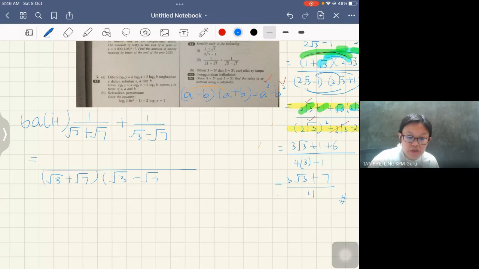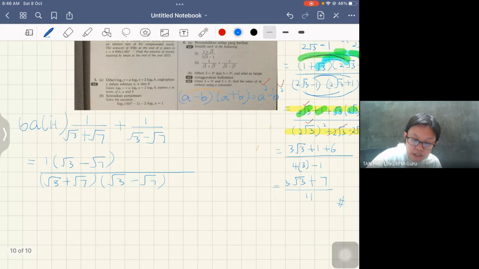Imagine that this one already has a plus. The top you multiply with the conjugate, which is square root 3 minus square root 7, and the bottom also times the conjugate. Then I continue with plus. The 1 here continues as 1, and I multiply with the conjugate, which is square root 3 plus square root 7.